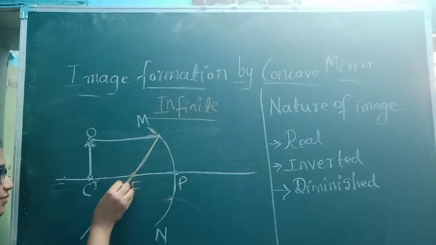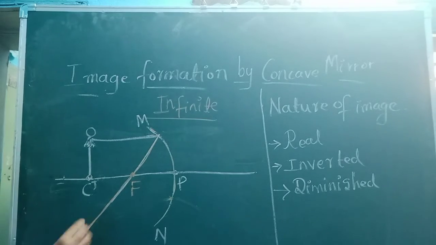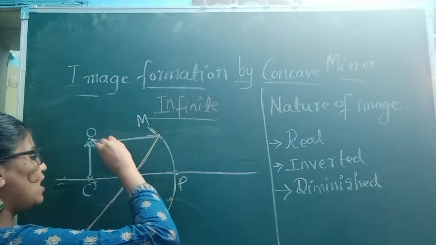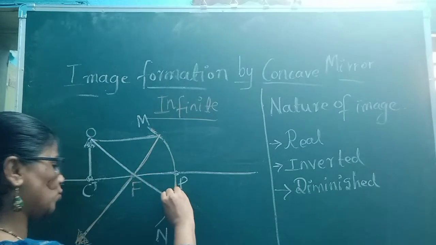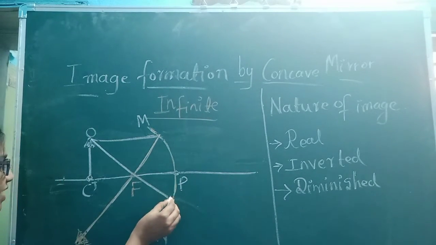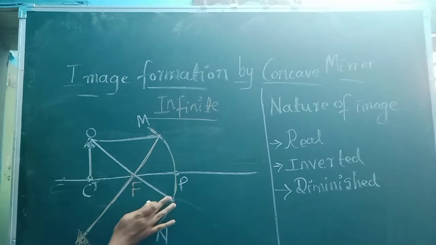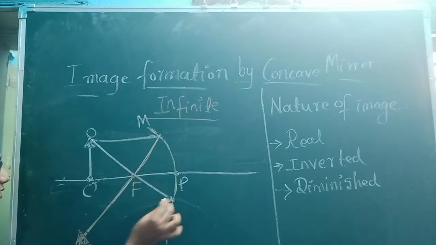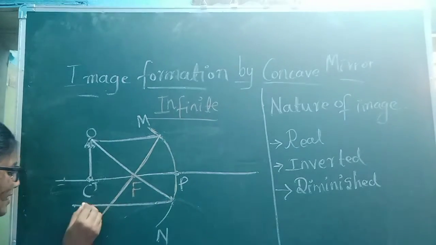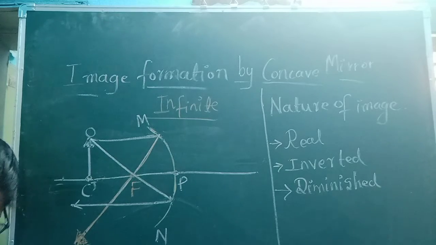Let me color it with different chalk. This will be the next. We will take another ray of light which is passing through the principal focus, and the reflected ray will be parallel to the principal axis.